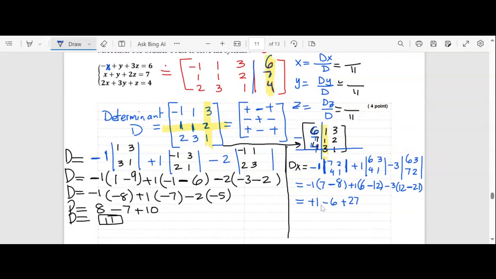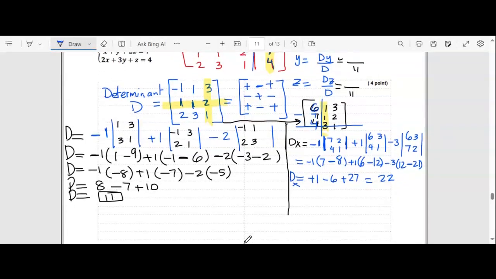Minus times minus give you positive. So you have 28 minus 6. How much is that? 22. So the answer here equals 22. What is this? Dx. Okay, now we're going to do for dy.